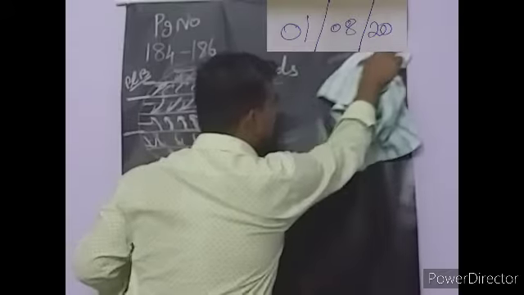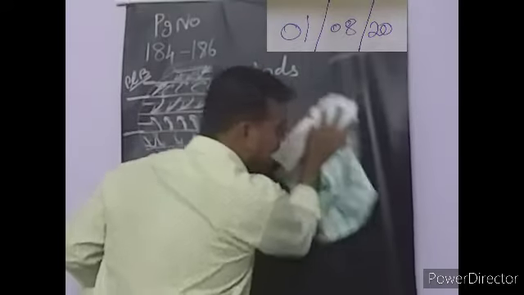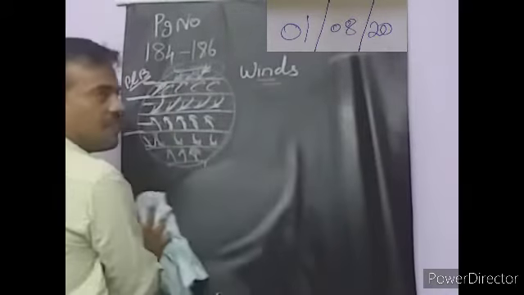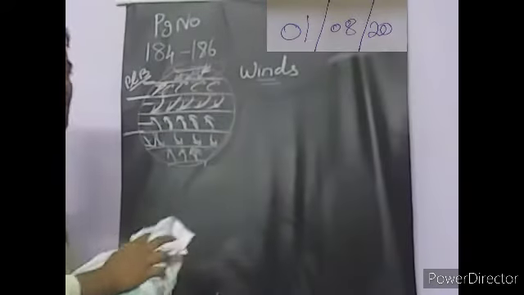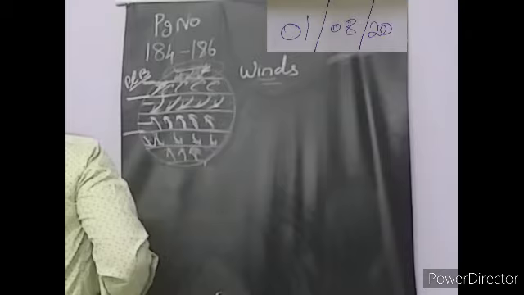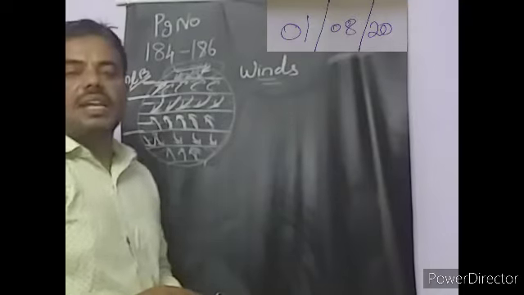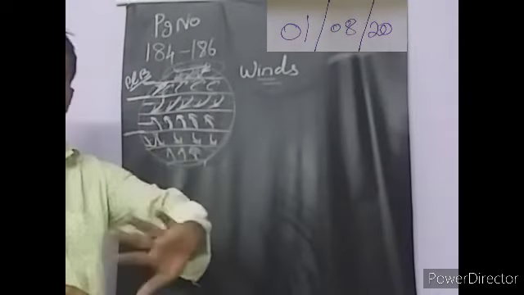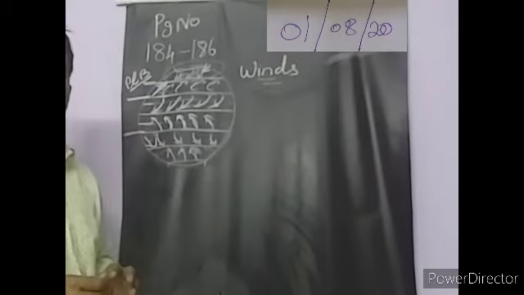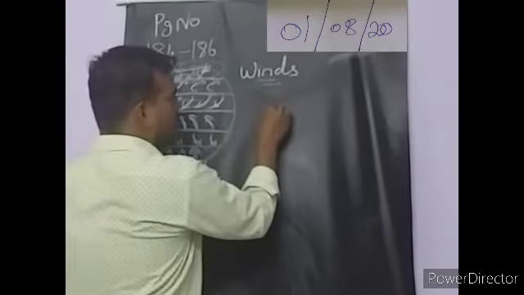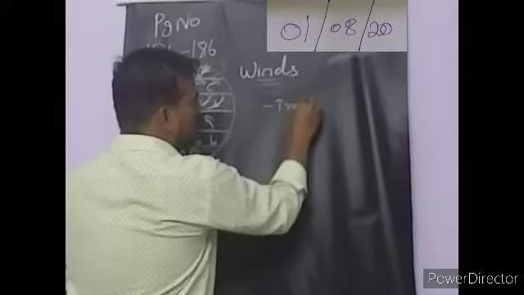Because of that cyclone we get rain, especially in the coastal regions, but in the interior of the district we get less rain. This kind of cyclone is called a tropical cyclone. Okay, the first cyclone is the tropical cyclone.